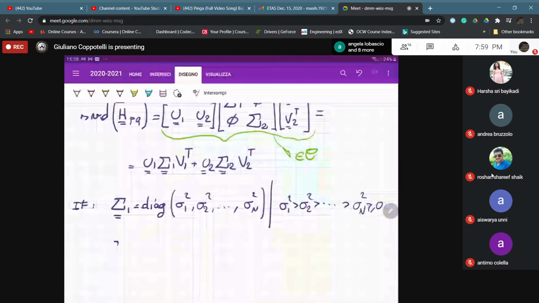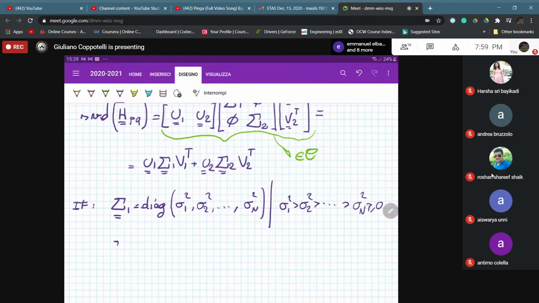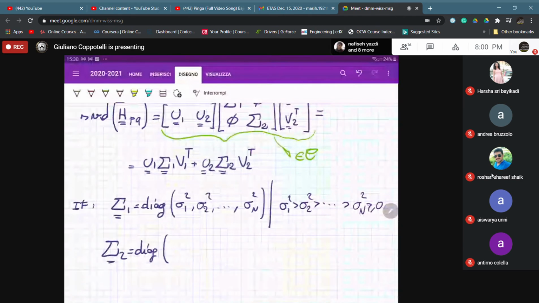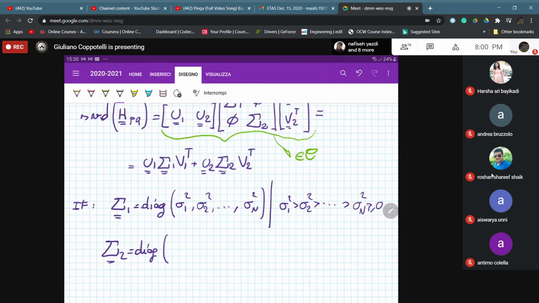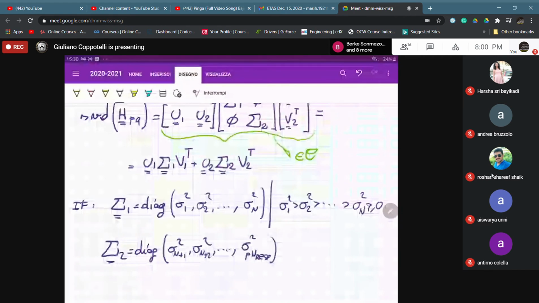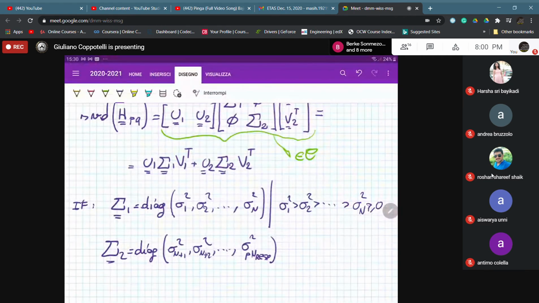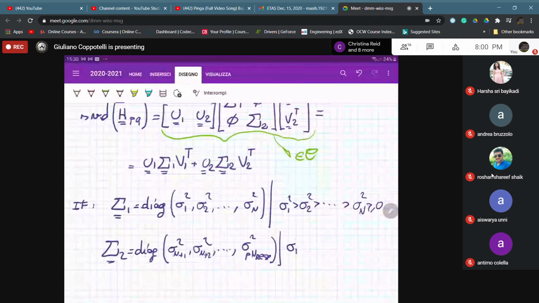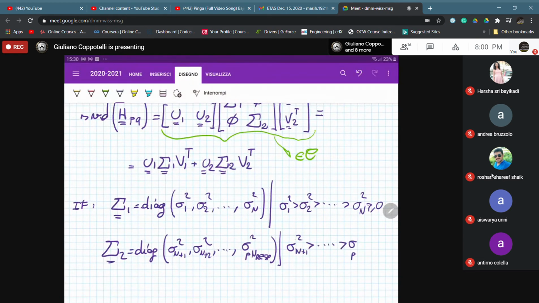And we define the sigma 2 diagonal matrix as composed by the terms sigma n plus 1 square, sigma n plus 2 square, up to the last one, sigma square P times the number of responses. Okay, so that once again sigma n plus 1 square is larger than all the other ones until the last one, and all of course are positive quantities.